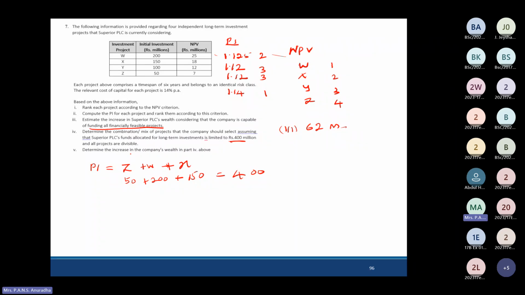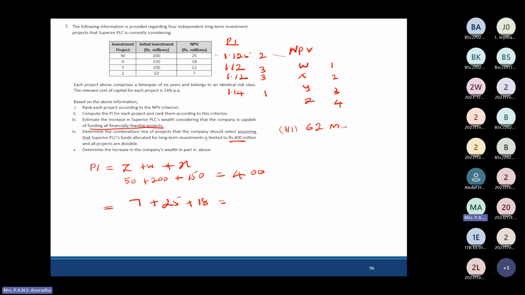Determine the increase in the company's wealth in part 4. Now if you calculate the increase in the wealth, for Z the wealth is increasing by 7. For W, wealth is increasing by 25 million. For X, wealth is increasing by 18 million.